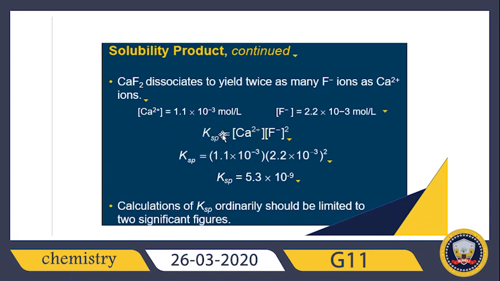KSP is equal to the concentration of each of these ions raised to their powers. You will plug in the concentration values and raise them to the power equal to their coefficients. We have 1 mole of calcium and 2 moles of fluoride, so you will raise the concentration of fluoride to 2. Then you will do your calculation, and in this case KSP is equal to 5.3 multiplied by 10 to negative 9.